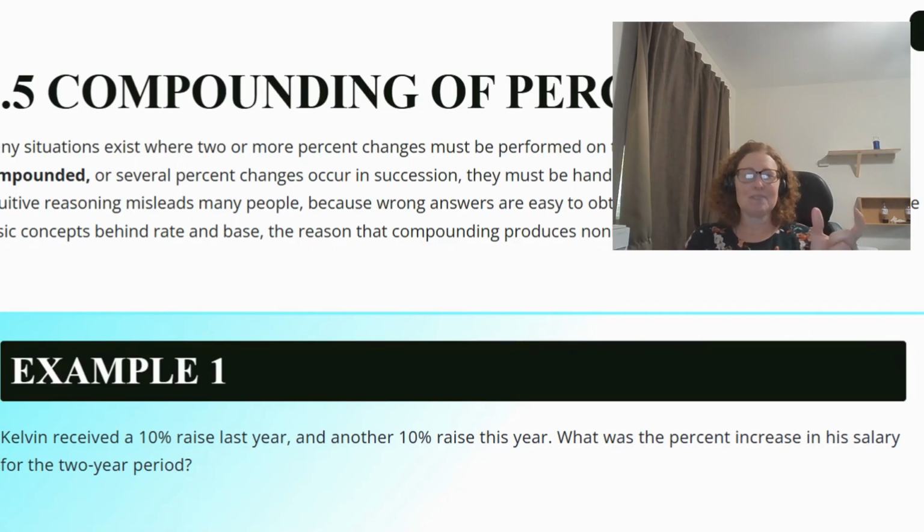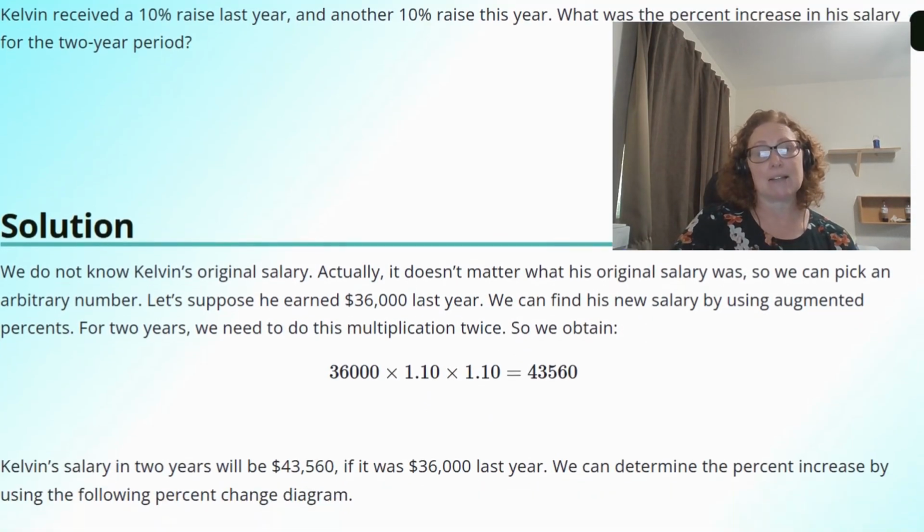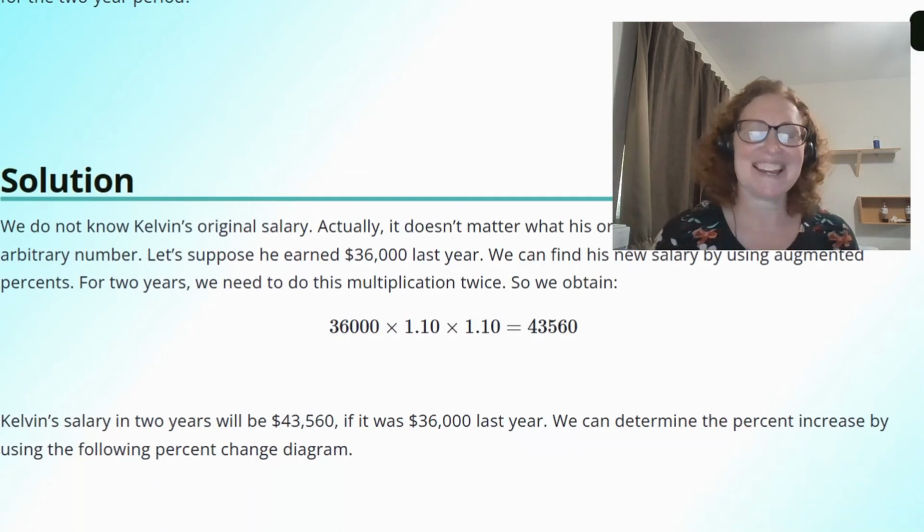Say, for example, 35,000 times the 10% is equal to the number that it comes out to. So the next year, when we're taking the 10% again, we're taking the 10% off of this new number instead of this original 35,000. So it can't be 20%. That's why we need to look at it a different way.